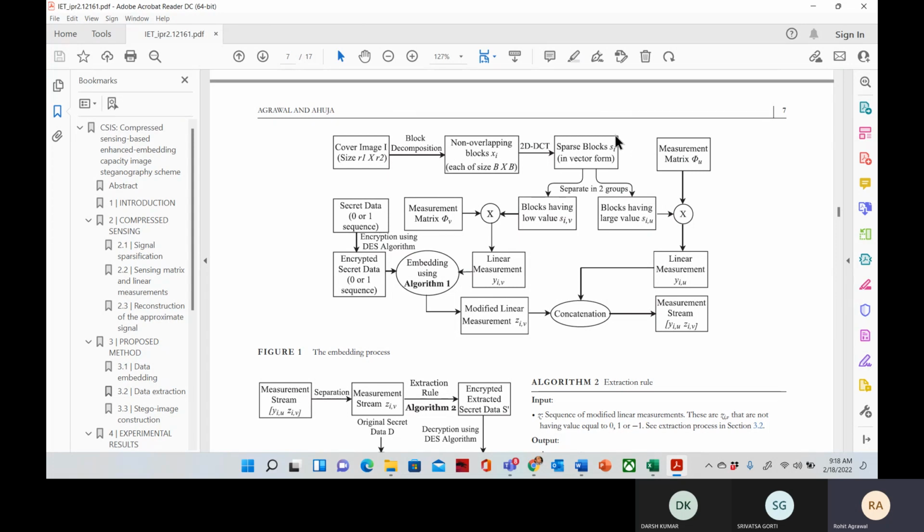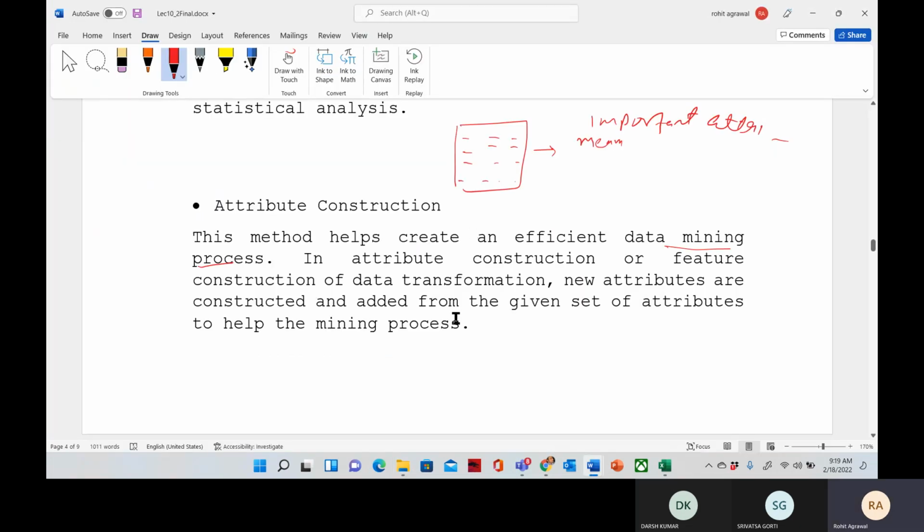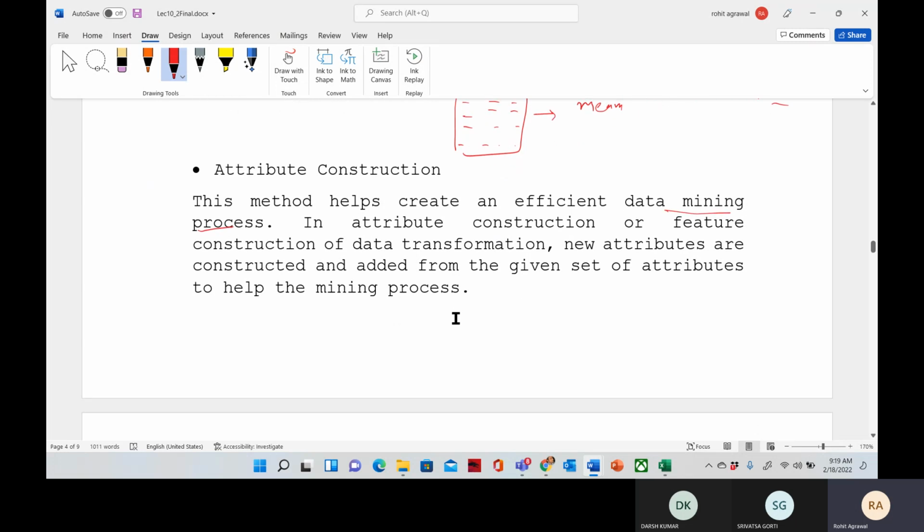After that, I did discrete cosine transformation. After that, I transformed into linear measurement. That is a two-stage transformation, and these are some important attributes of each image. So directly feeding the original image, I fed these linear measurements. Clear? So it depends again on the problem and data how you can construct the attributes.